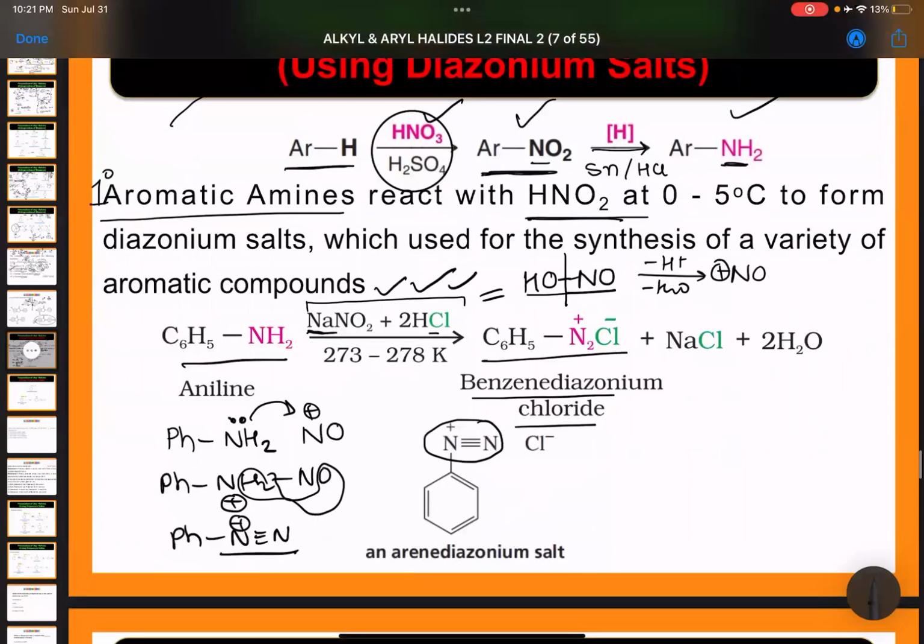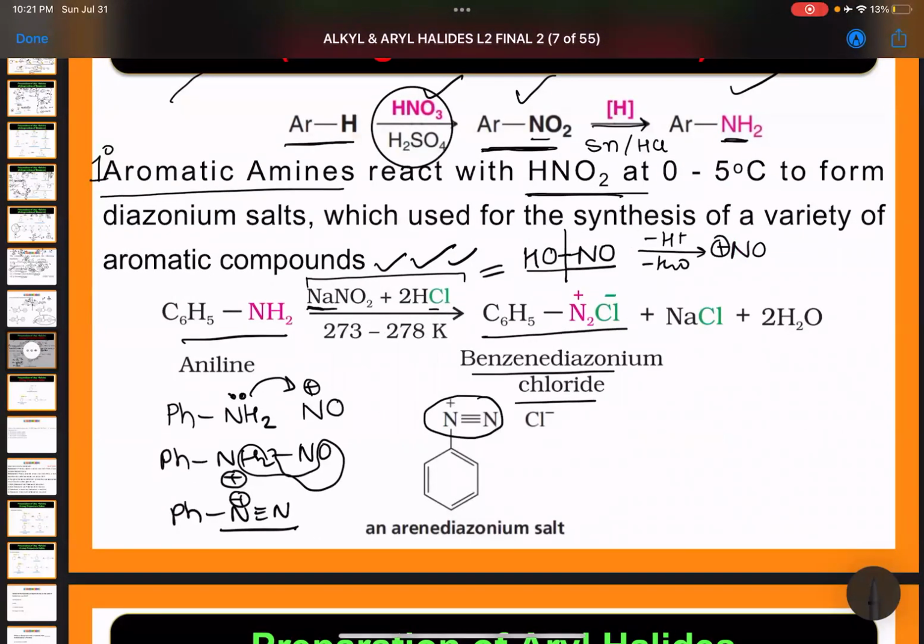This diazonium is N2 plus. This N2 will take away the electrons through which it is connected to benzene and will become neutral, and will become N2, and it will break away from the benzene. It is unstable, in short. And what is the reason for its instability?